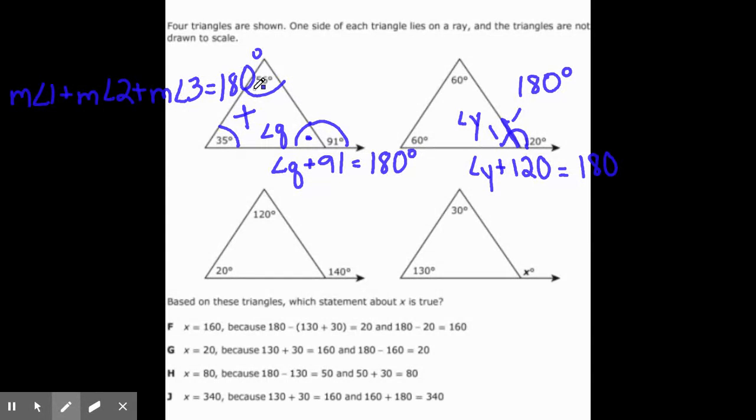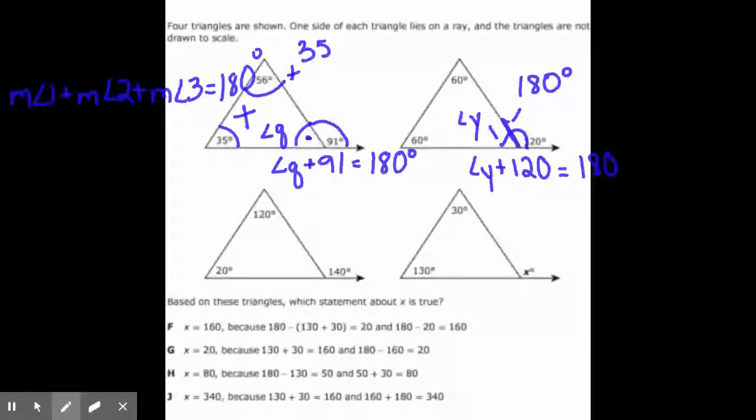All right, so we can see on the three examples, they've actually given us the exterior angle value, and we're looking for that fourth one. All right, so we can do 35 plus 56 is going to give us 91.